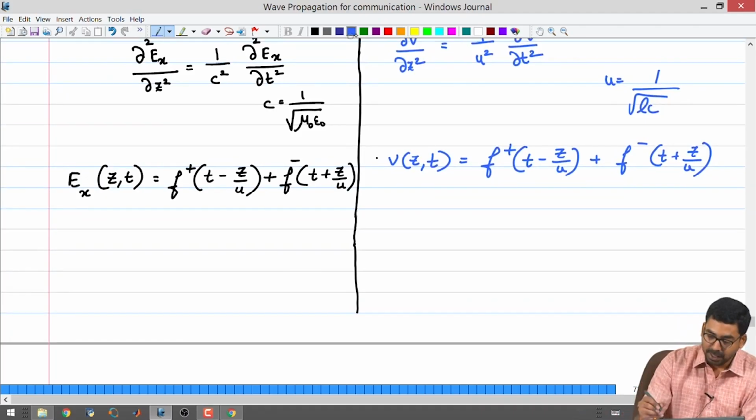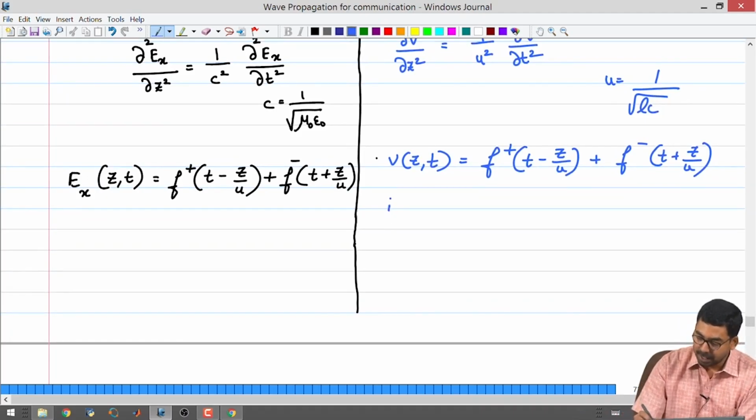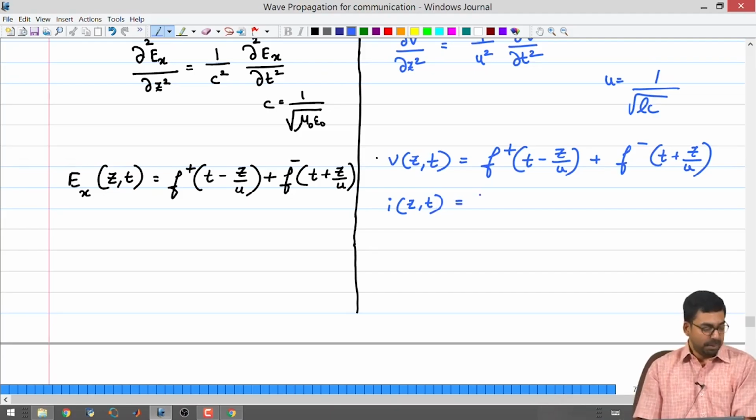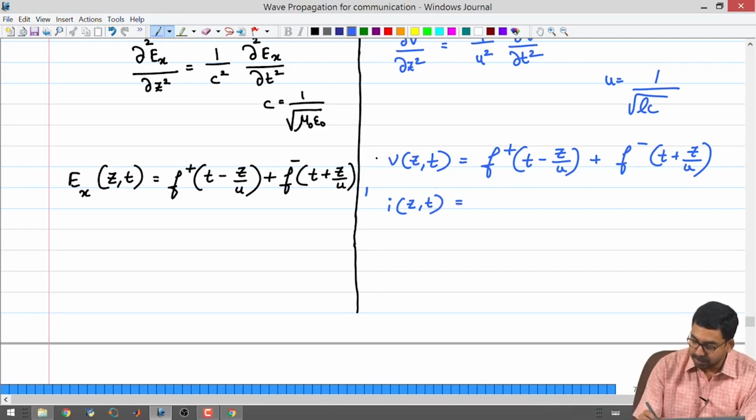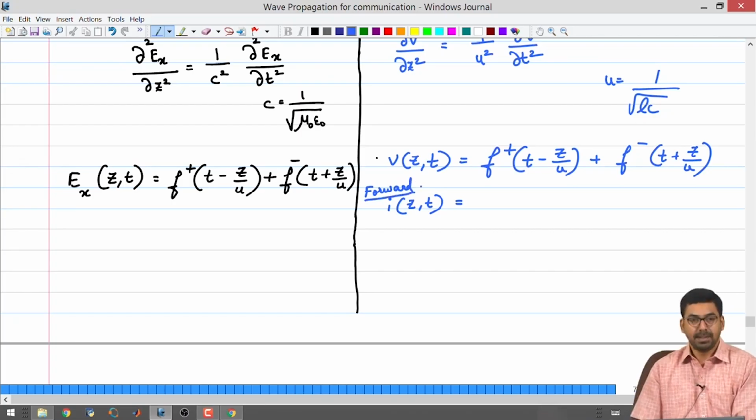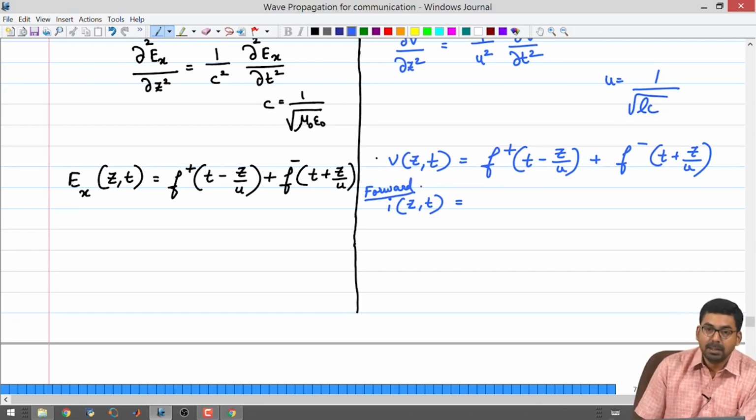The other thing that we saw here was the current. In the case of the forward wave, the current was simply the voltage divided by the characteristic resistance.